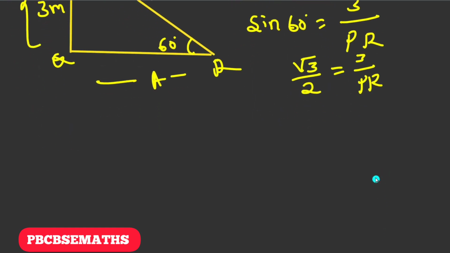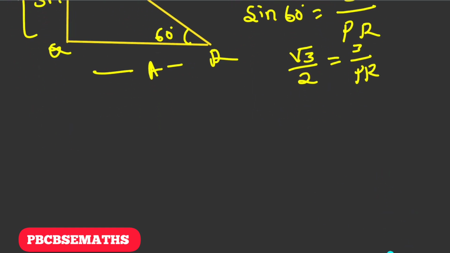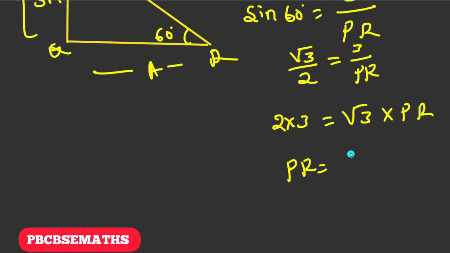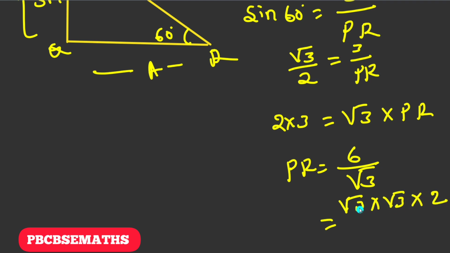Then let's go for the cross multiplication. Then by doing cross multiplication, we can write that 2 into 3 is equal to root 3 into PR. Then PR is equal to 6, that is 2 threes are 6, divided by root 3. Or we can write this 6 as root 3 into root 3 into 2, that is root 3 into root 3, which gives us root 3 whole square.